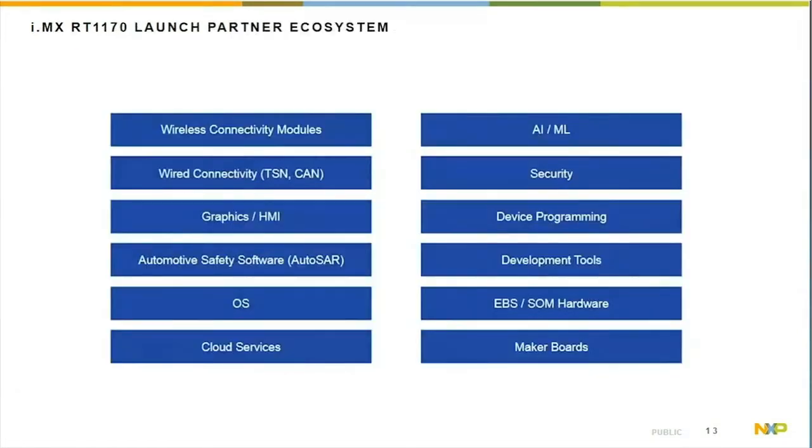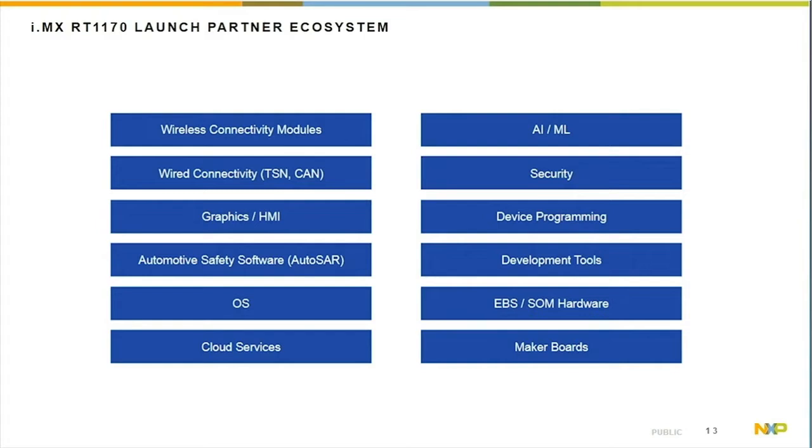Okay, as far as when we launch this device, we have a lot of partners, and they're kind of grouped in these categories. So the ecosystem includes all wired and wireless connectivity. On the wireless side, we've got Wi-Fi modules and partners there that you can plug in. We've got wired solutions around time-sensitive networking and CAN flexible data rate.